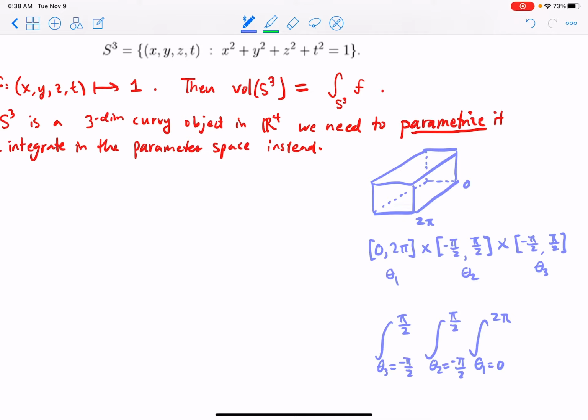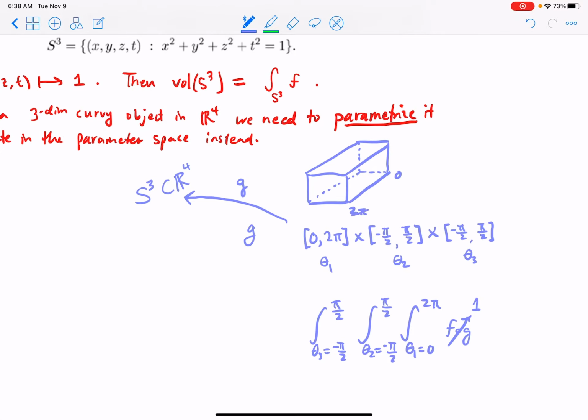Well, since the function up here is just the constant function having value 1, then whatever our parameterization map G is that sends this rectangle to the 3-sphere inside of R4, f after G is just going to be 1 again. So we're just integrating the function 1, and the only thing we need to do is account for the volumes from this nice, easy to integrate region to the volumes there.